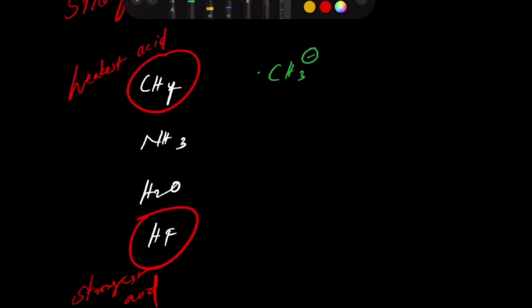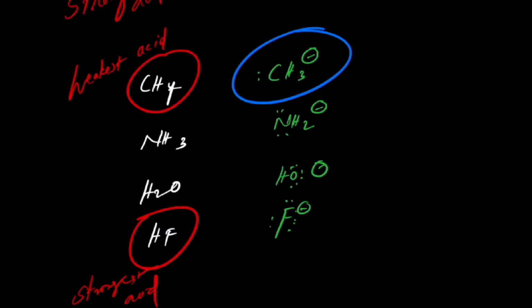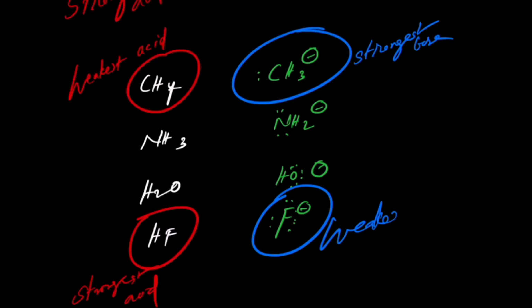CH3 minus, NH2 minus with 2 lone pairs, OH minus with 3 lone pairs, and F minus with 4 lone pairs. Here I didn't write lone pairs, but okay, it's okay. So let me take another color here. So the weakest acid has the strongest conjugate base. So this is the strongest base. Among these, this is the weakest base. Clear? Okay, that is fine.